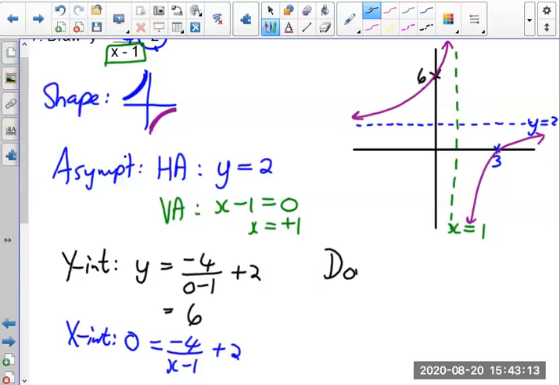And if they ask you for domain, then you can say x element of R, and you write minus infinity to positive infinity, that's fine. But remember to exclude the asymptote that says x equals.